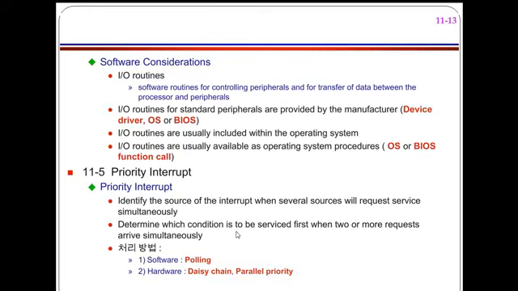For example, when I am running a program, if I call an add function, the main program stops its execution, goes to the add function, executes it and returns back to the main program. That is one type of software interrupt.